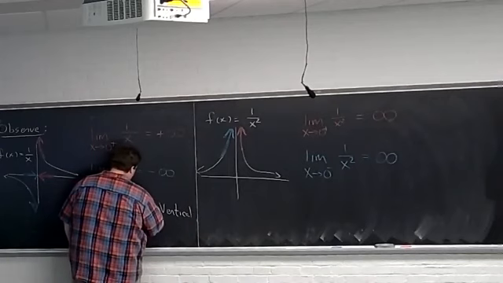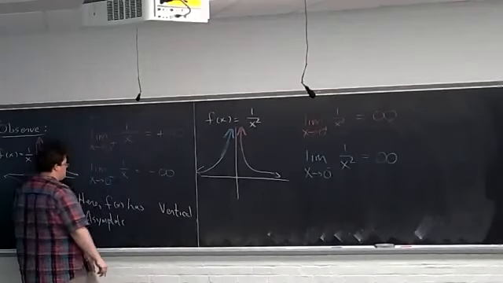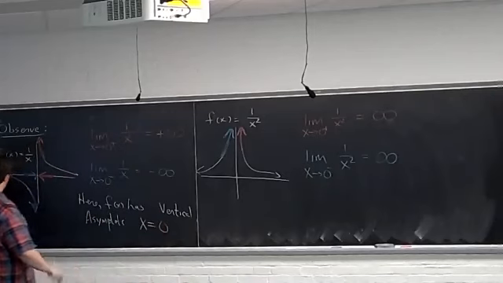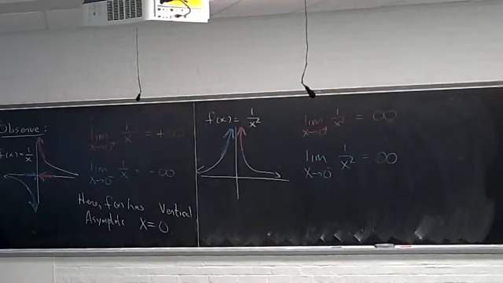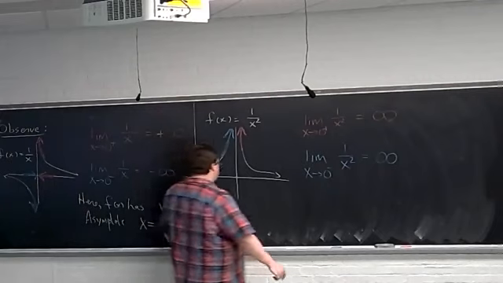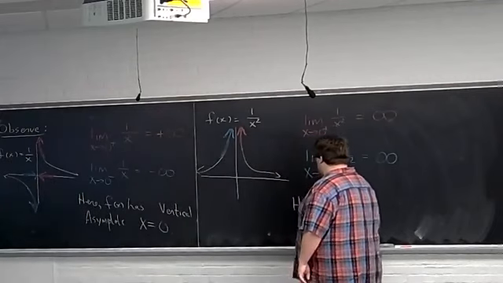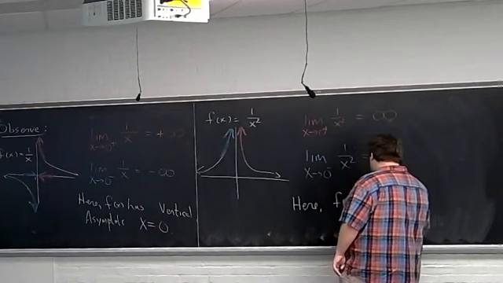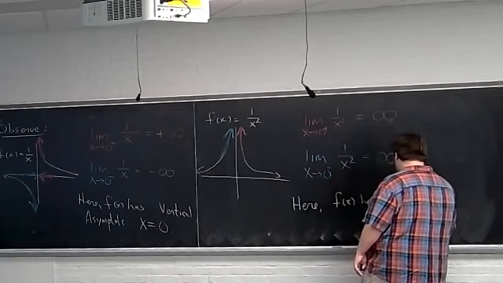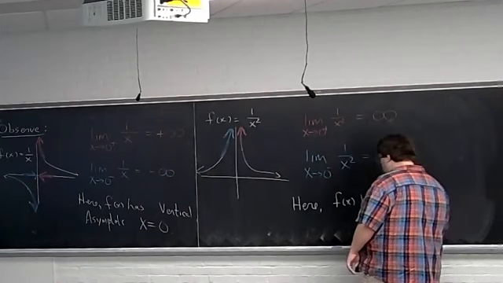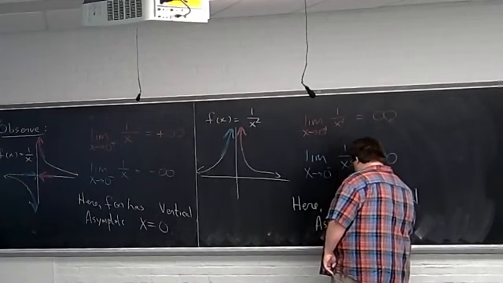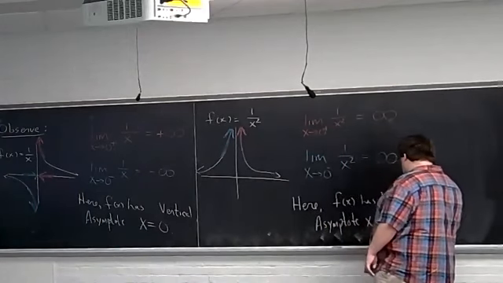I'll just say the vertical asymptote is the line x equals 0. And why is that? Well, let's also say it over here. Here, f of x has vertical asymptote x equals 0 as well.